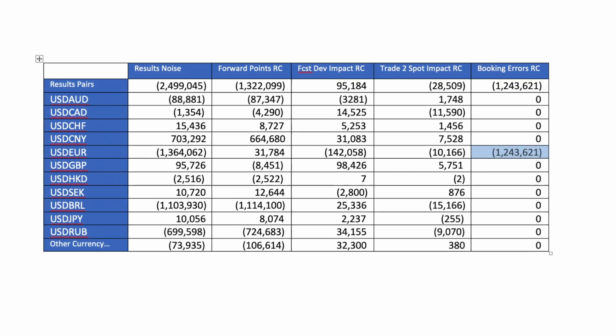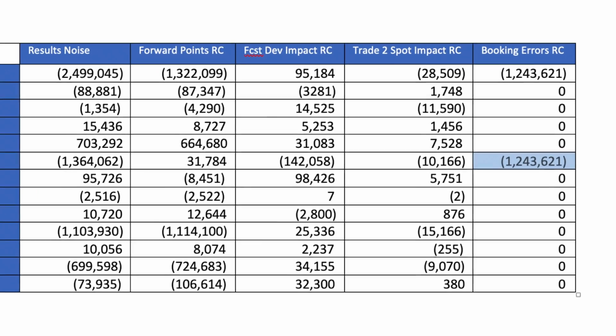So in this example, I have a single entry in euro that's about a $1.25 million loss. I have other reports that we can drill down and find the entity, the account, all of the details needed to get a better understanding of where that discrepancy lies.